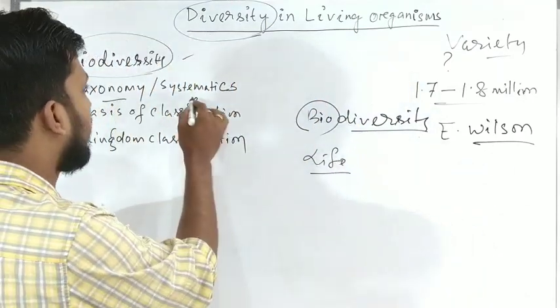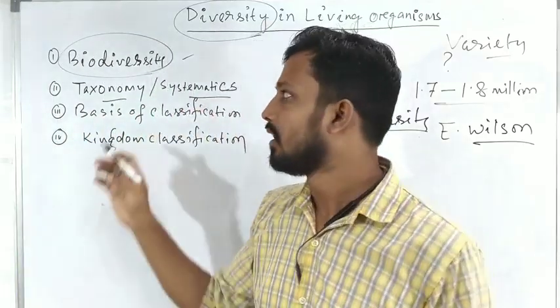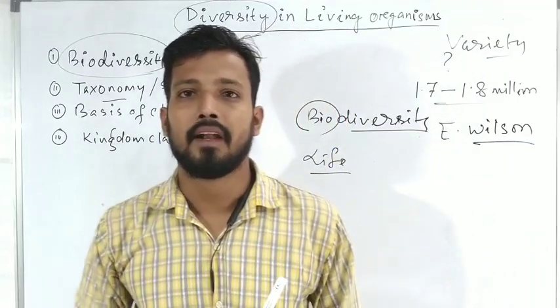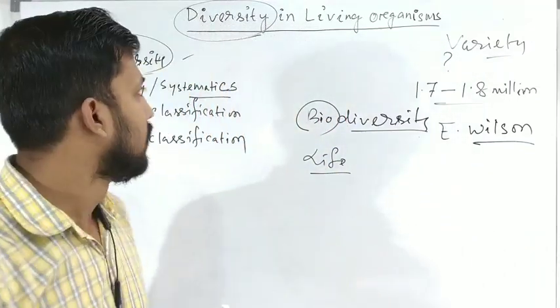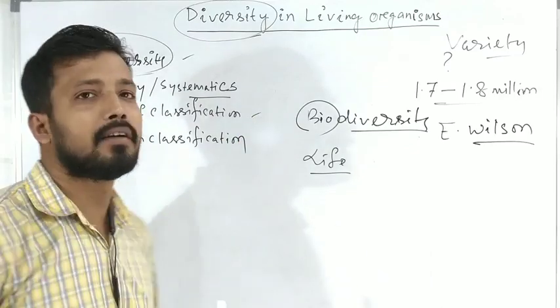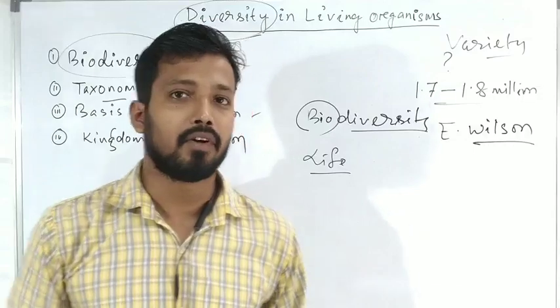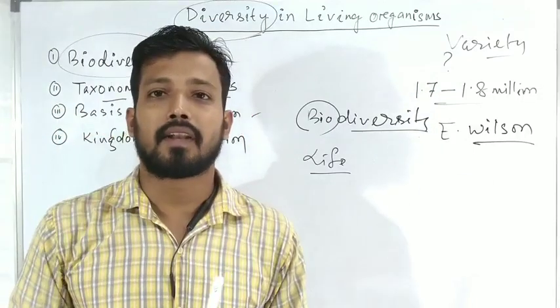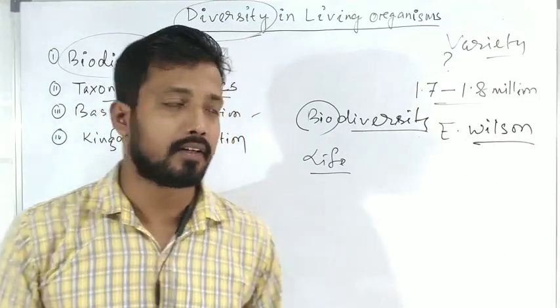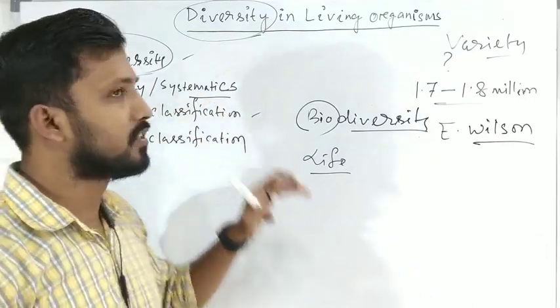Then taxonomy or systematics, you might have heard this term, taxonomy. So after that, we will discuss the basis of classification and kingdom classification. You might have known about the different kingdom classification proposed by R.H. Whittaker, the latest one. Okay, so second thing, that is taxonomy or systematics.